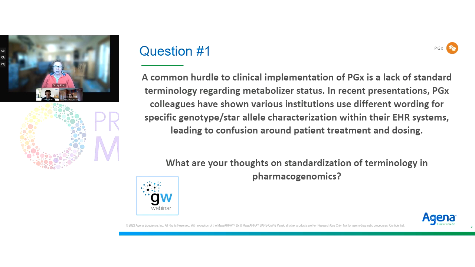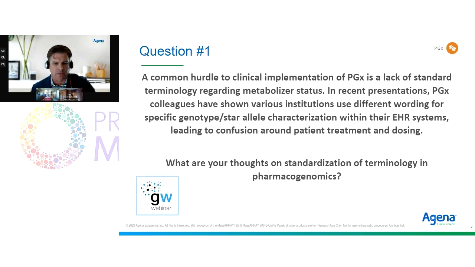Poor and normal they understood pretty well, and ultra rapid probably, but intermediate was still a confusing term for them, even though we have a harmonization around that. So Kristine, in talking with colleagues and your experience in PGX, what have you experienced as far as confusion around terminology and efforts for standardization?